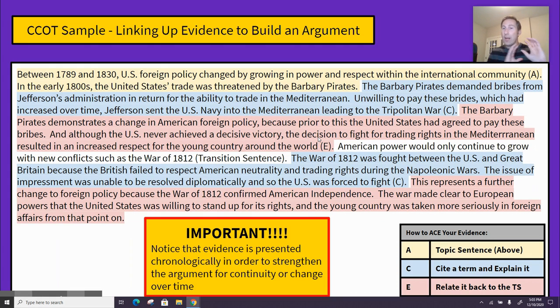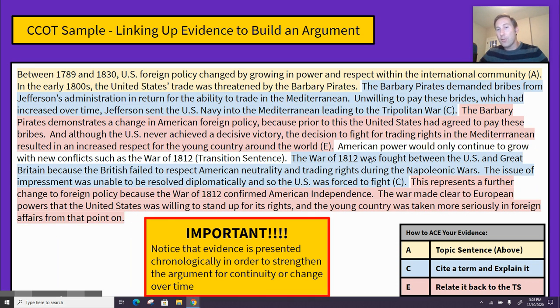But now how do I take that example from the last slide and link it with another piece of evidence? Well, I'm now going to choose a piece of evidence that came later. I told you I could have talked about either the War of 1812 or the Monroe Doctrine. I'm going to do the War of 1812. I'm going to link the Barbary pirates to that war and show how this is a change that's happening from the beginning to the end of this time period.